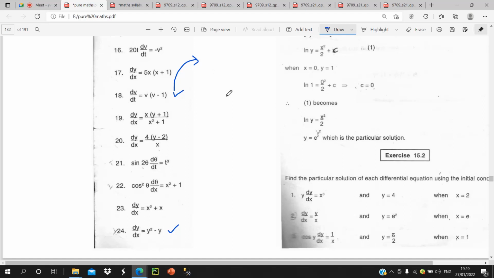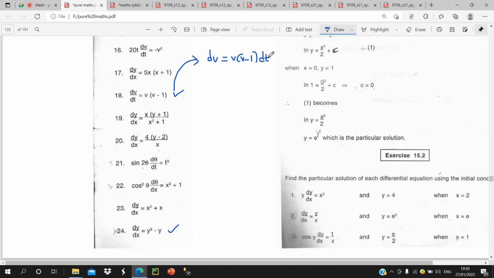Let's separate the variables. What are we going to do here? Cross multiply. That's the first stage. dv will be equal to v minus 1 dt, right?